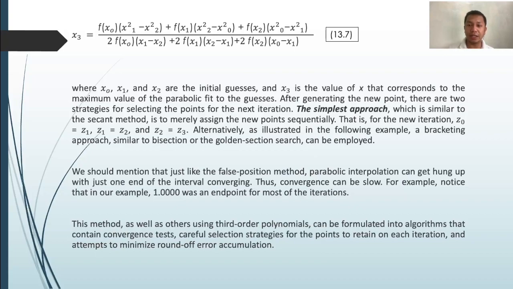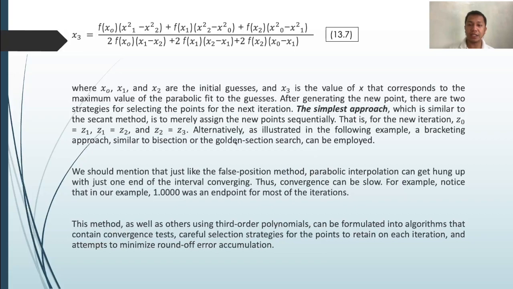After generating the new point, there are two strategies for selecting the points for the next iteration. The simplest approach, which is similar to the secant method, is to merely assign the new points sequentially. That is, for the new iteration, x0 is equal to x1, x1 is equal to x2, and x2 is equal to x3.